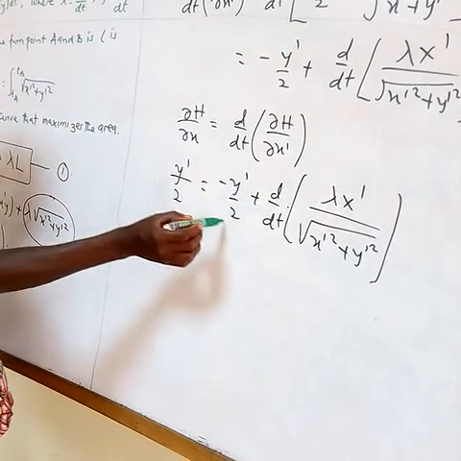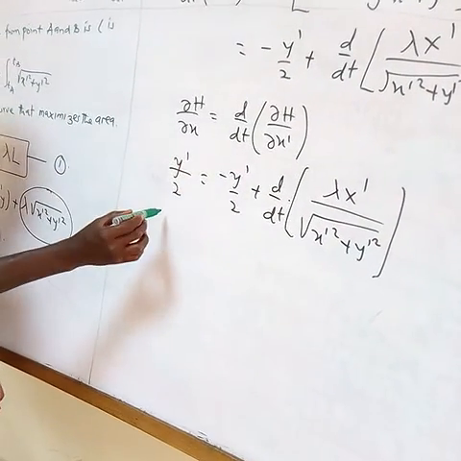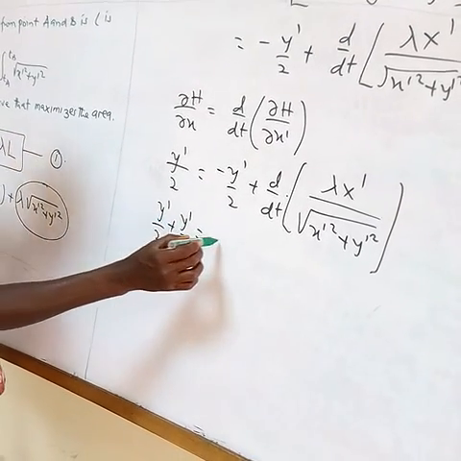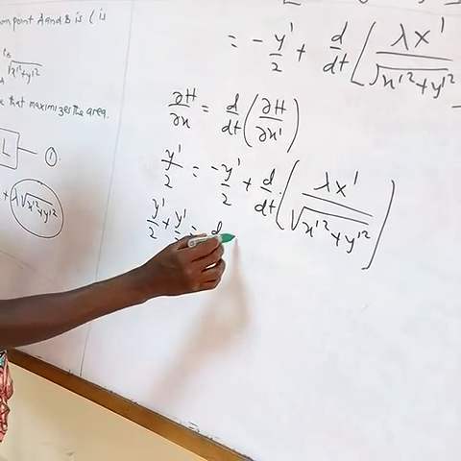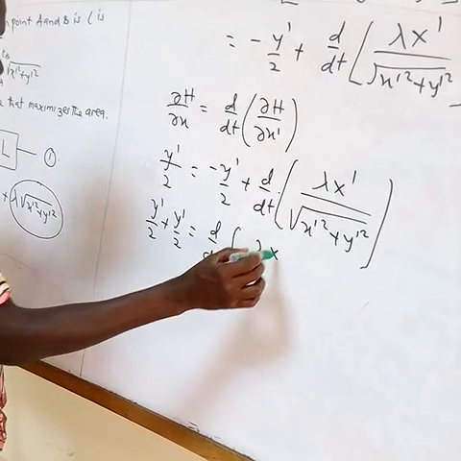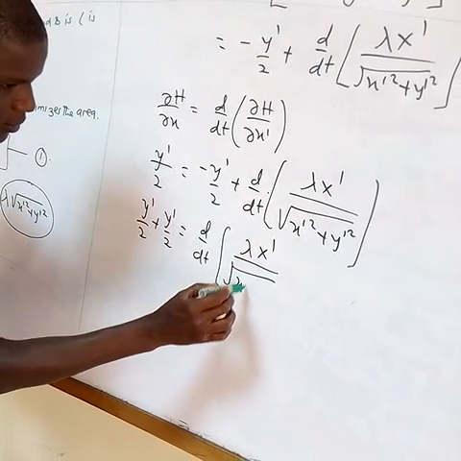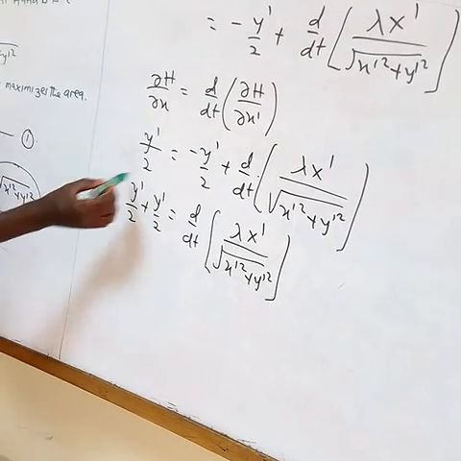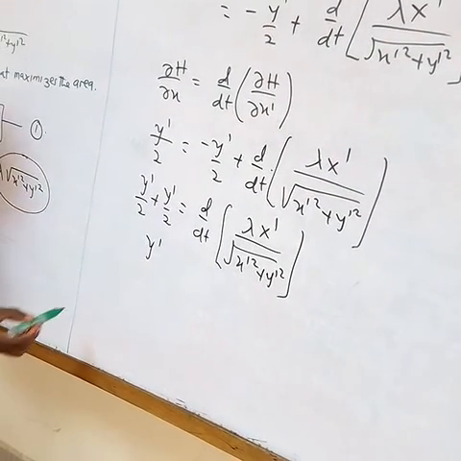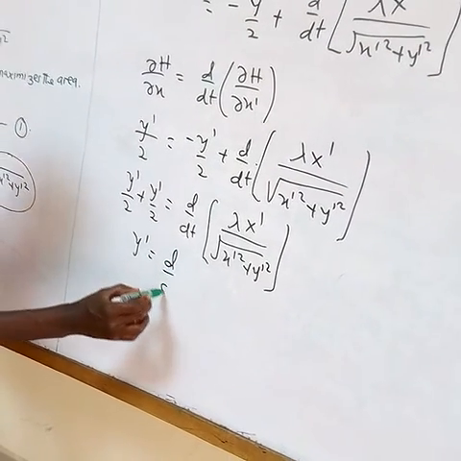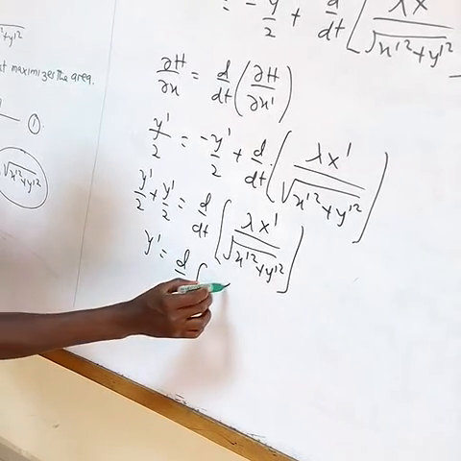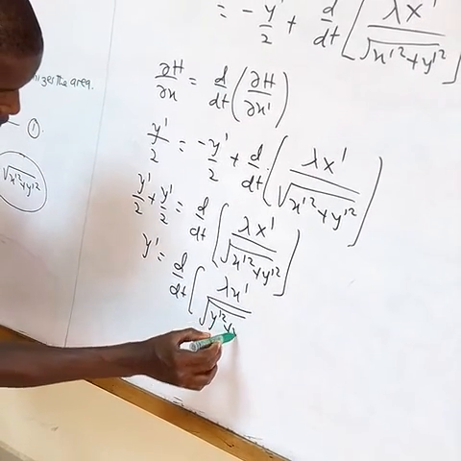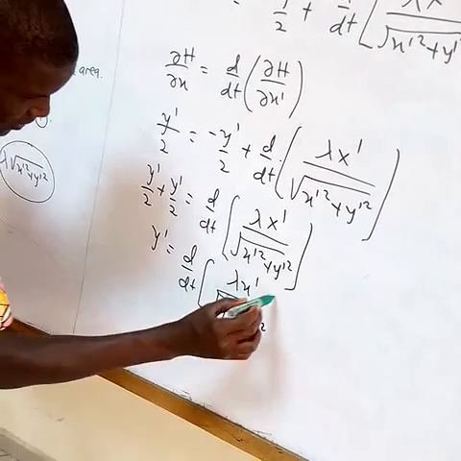So by the time we transfer this from this side to the other side, we are going to have y prime over 2 plus y prime over 2 is equal to d dt. So automatically, by the time we add them together, we are only going to have y prime is equal to d dt into lambda x prime against square root of y prime squared plus x prime squared.